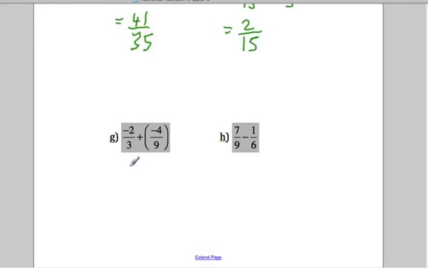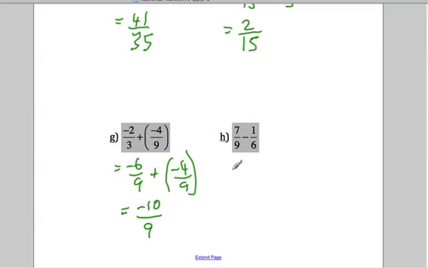Next question, find common denominator. The common denominator is going to be 9, so this is negative 6 over 9 plus negative 4 over 9, which is equal to negative 6 plus negative 4 is negative 10 over 9, negative 10 ninths.